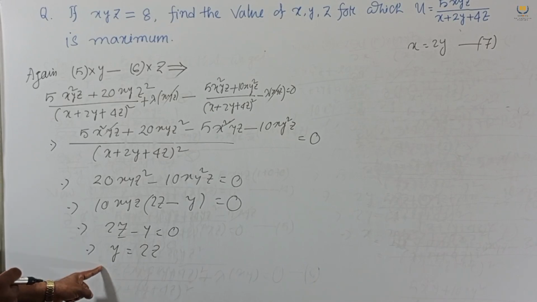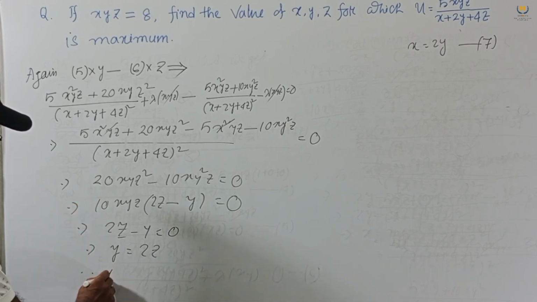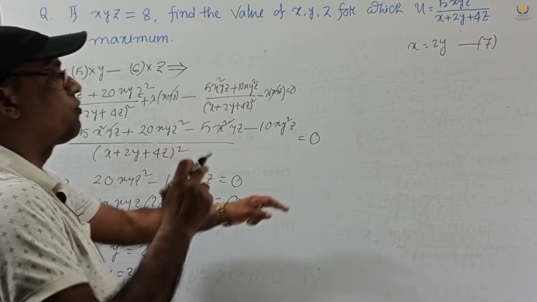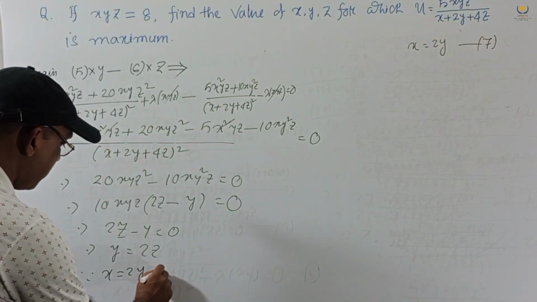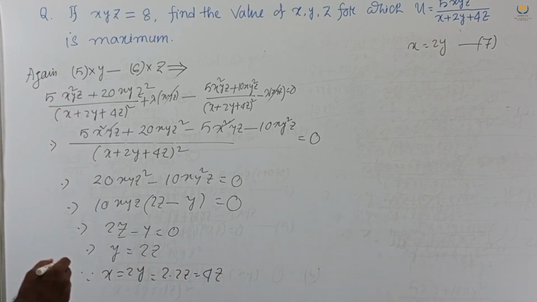Now y = 2z, therefore x = 2y from 7, and y is 2z, so x = 4z.